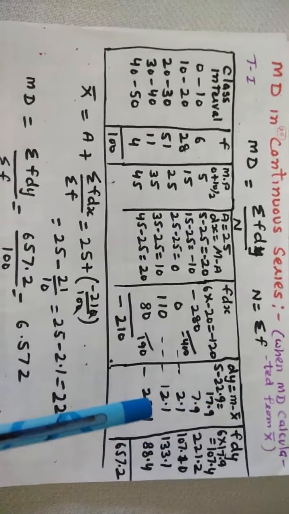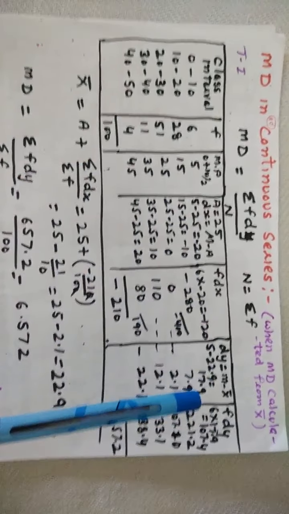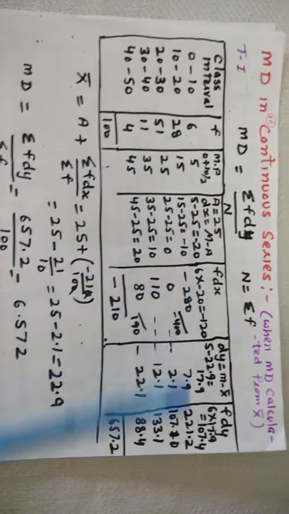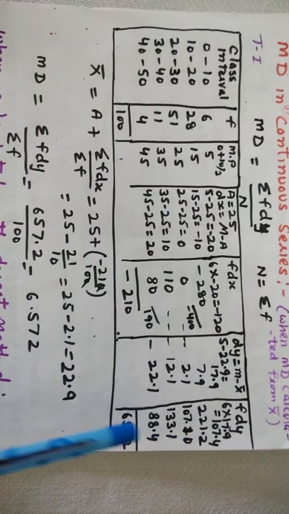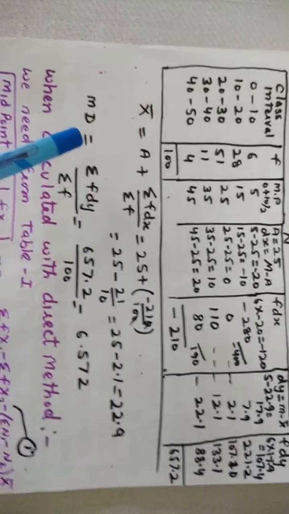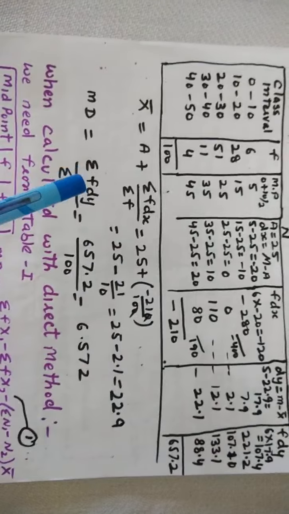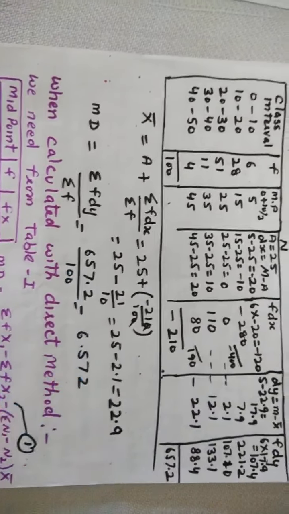Then multiply dy with frequency. 17.9 multiplied by 6, we get 107.4 and so on. Total of f dy is 657.2. Then calculate mean deviation. Summation f dy divided by summation f, we get 6.57.